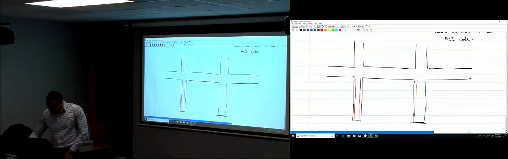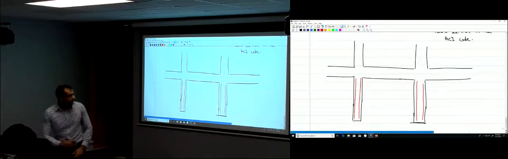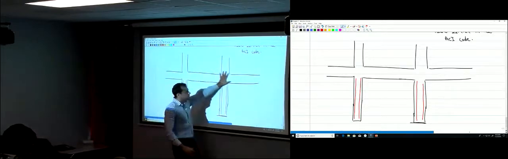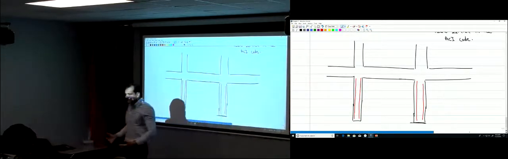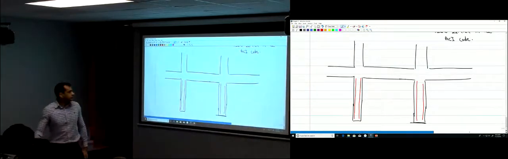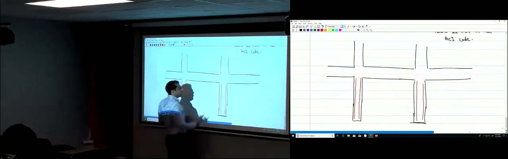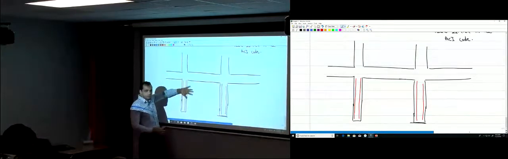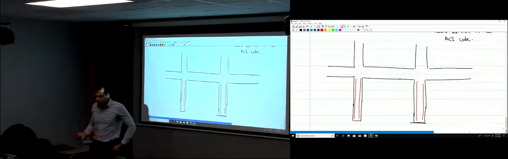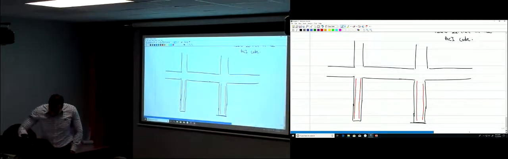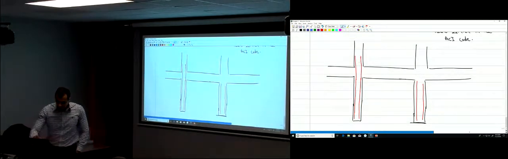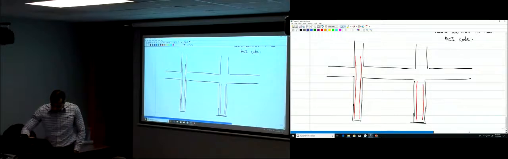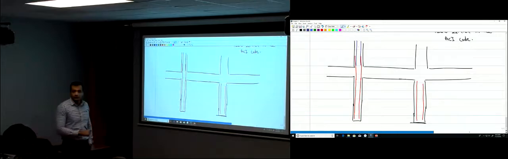Once you build and cast those columns, you're going to cast the slab, that floor. And then you're going to start casting the columns over here. There must be continuity between the column in that floor and that floor. To achieve that continuity, you have those bars extended like this, and then the reinforcement in the top column is going to have an overlap with them.